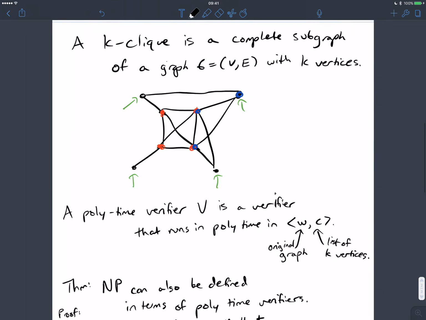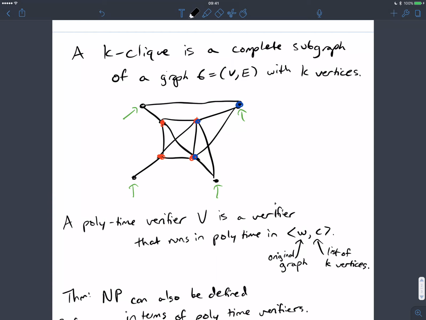Like in the case of K-clique, it was the K vertices, and the verifier would check, among those K vertices, whether all K choose 2 edges exist or not. Yeah, it's just a proof of whether W is in L or not. Yeah, it's the same thing, certificate and proof. We'll see many examples of this, don't worry.